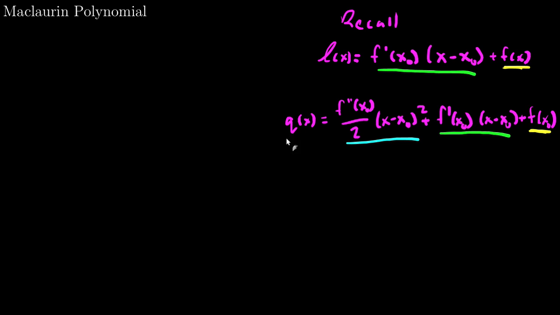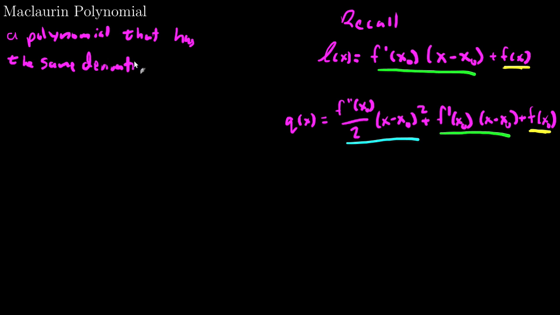And both of these are just special cases of a Maclaurin polynomial. So a Maclaurin polynomial is a polynomial that has the same derivatives, up to some derivative, whatever power the polynomial is, I'll say up to k, as the function at x equals 0.